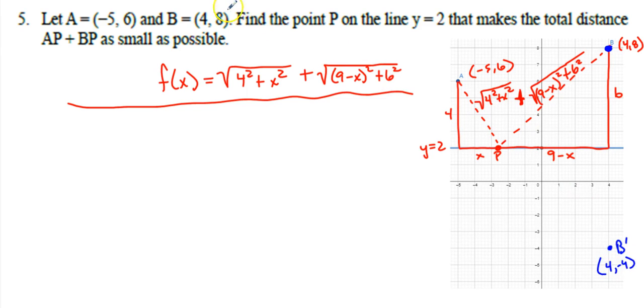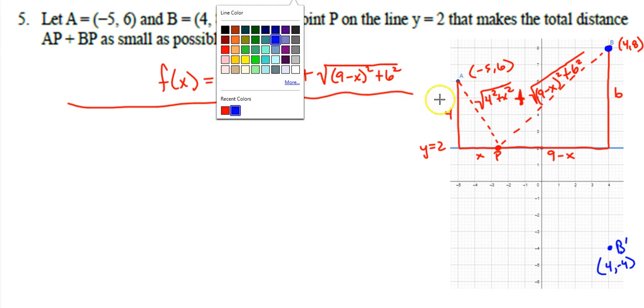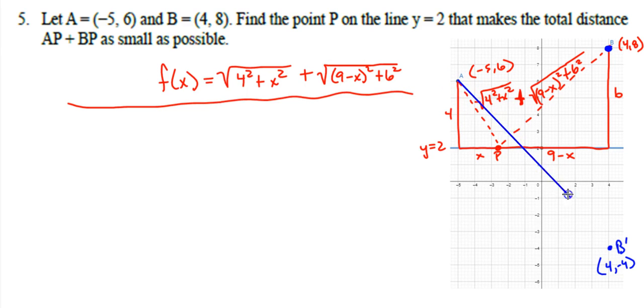So what we're going to do here is draw a straight line and figure out where this point is that it crosses. This part makes sense to me intuitively because we know that the shortest distance from A to B prime is a straight line, and these two triangles are going to be exactly the same. So it kind of confirms that we can use this method.